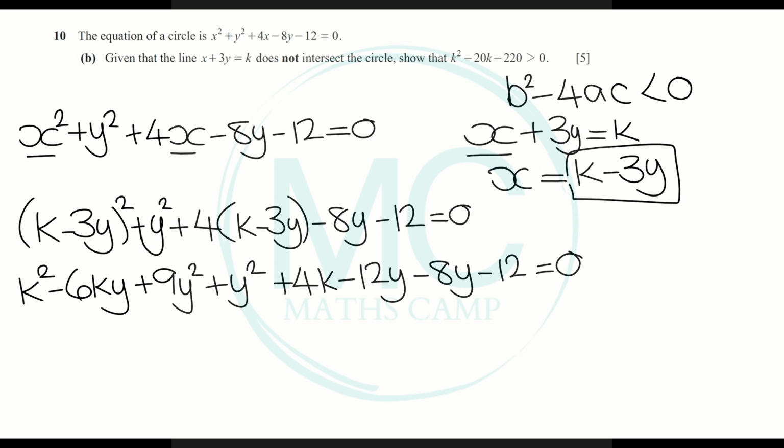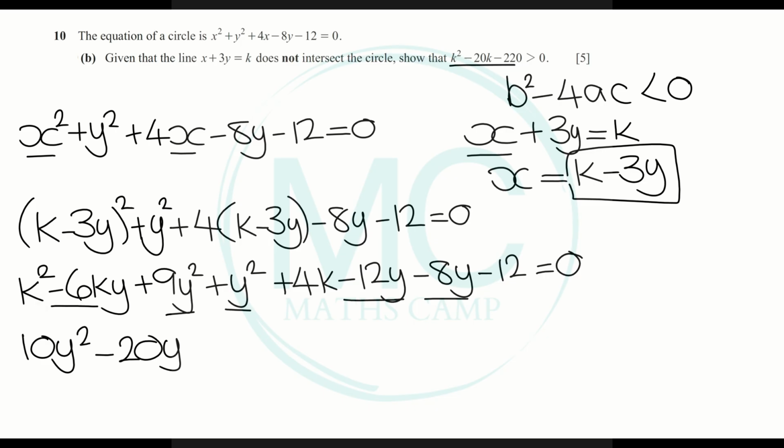Now, the question tells us that we need to create an equation in terms of k, which means in the equation we have now, y is our variable. We have a square term, so we have a quadratic. Let's start by adding like terms. 9y squared plus y squared gives me 10y squared. Then I have negative 12y minus 8y gives me negative 20y.